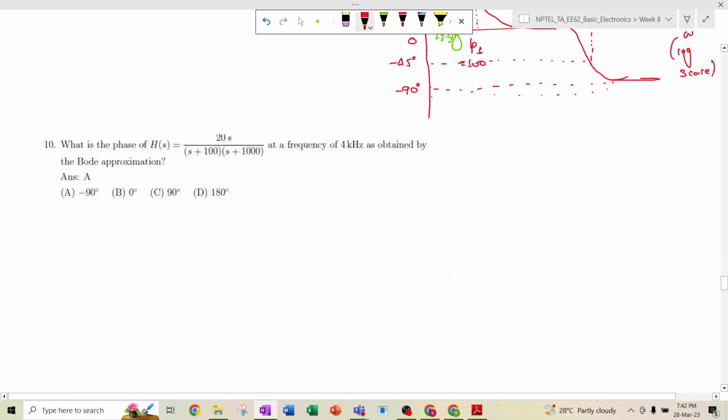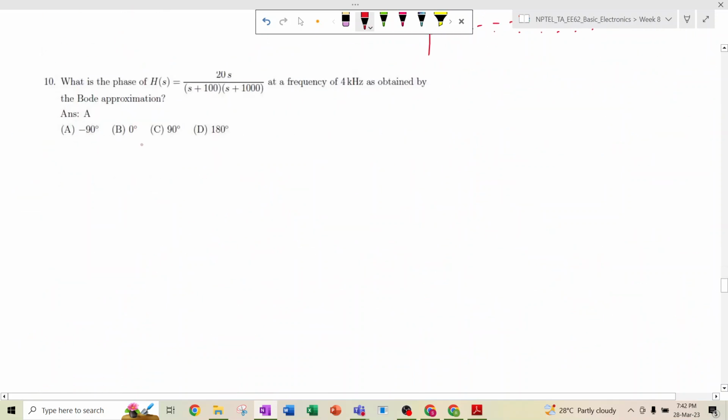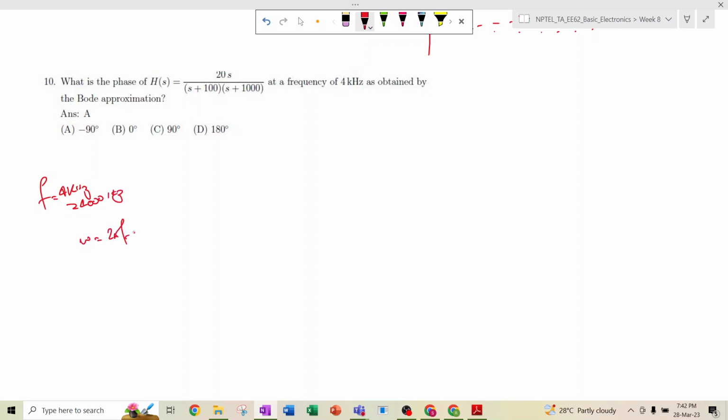Okay, the next question, what is the phase at a frequency 4 kilohertz? So now here frequency is 4 kilohertz, that is 4000 hertz. That means the omega value will be 2 pi f, that is 2 into pi into 4000, this much radian per second.